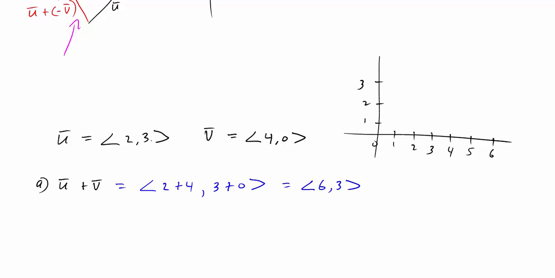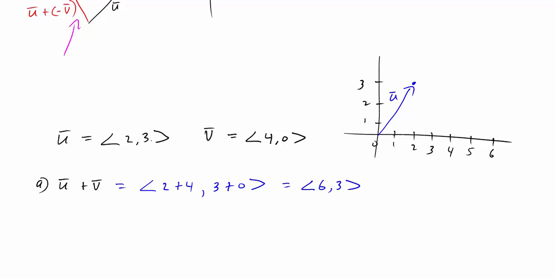So if we start with u, which is 2, 3, now remember this is the component form, so 2, 3 says we're going over 2 and then up 3. So there's that point, which means this would be our vector u. And now v says 4, 0.